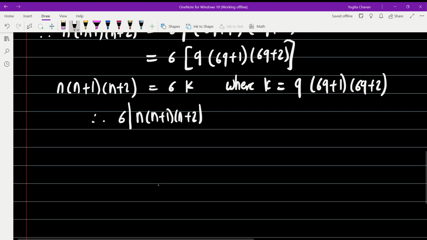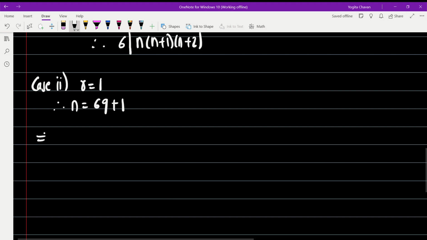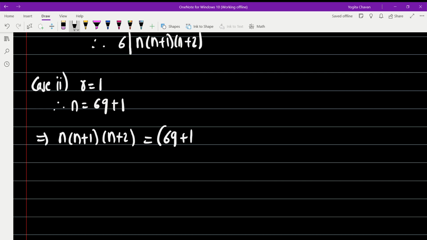Now case 2, if r is equal to 1, in this case n becomes 6q plus remainder 1, so 6q plus 1, and this implies now n into n plus 1 into n plus 2, this product is equal to 6q plus 1, n plus 1 means 6q plus 2, and n plus 2 means now 6q plus 3, because the value of n is 6q plus 1.